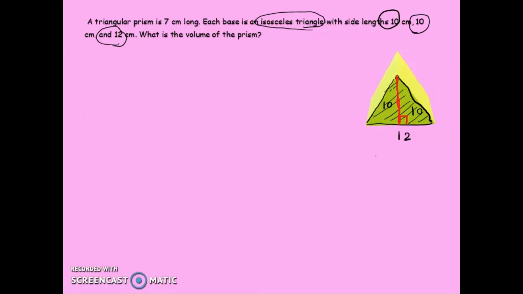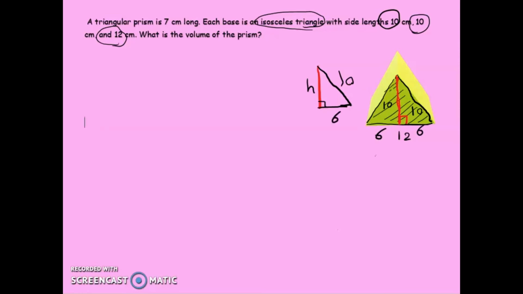So I'm going to draw the triangle here. This is the height. We don't have it. That side is 10, and this one is 12. When you draw the altitude of the triangle, it divides the base into two equal parts. It means that part is 6 centimeters, and therefore here is 6.